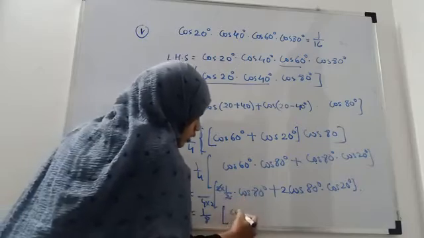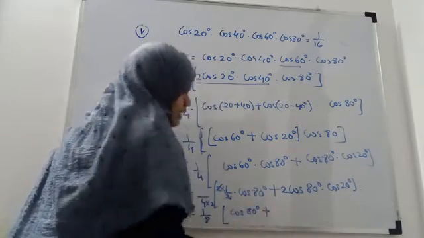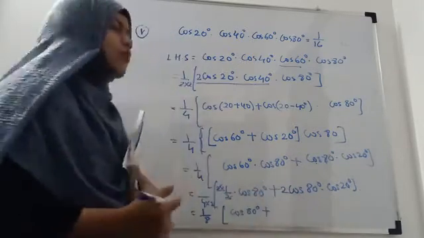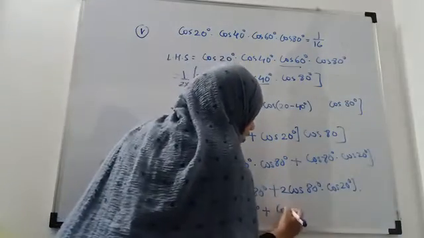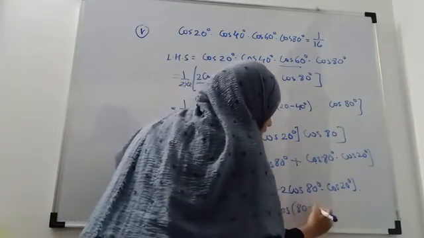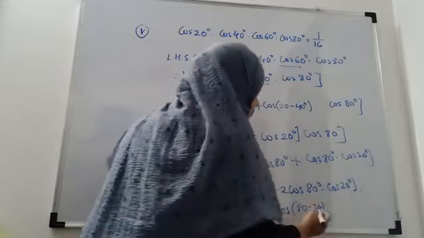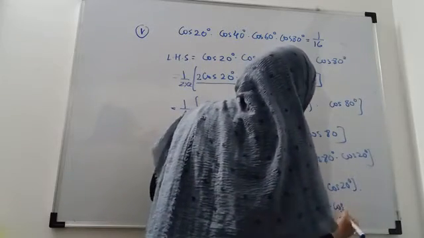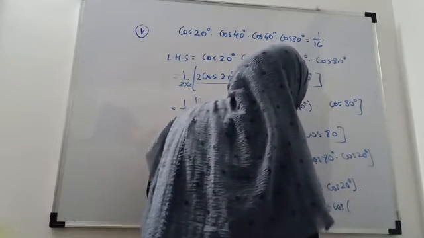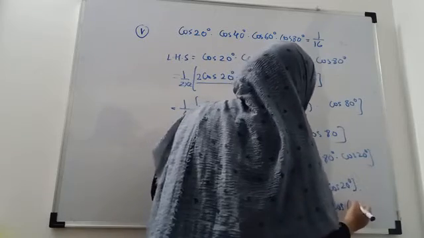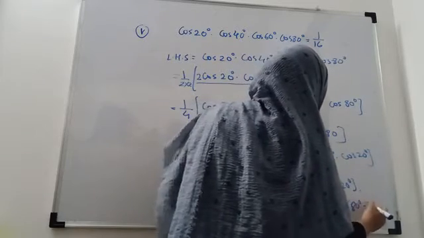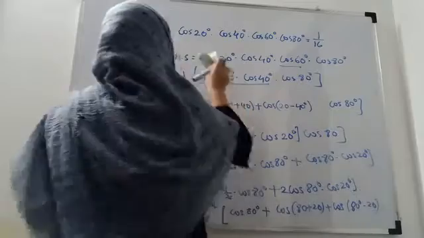Here only cos 80 degree, plus now we will use the same formula for this. The formula is cos(A plus B) and then cos(A minus B), that is 80 minus 20.